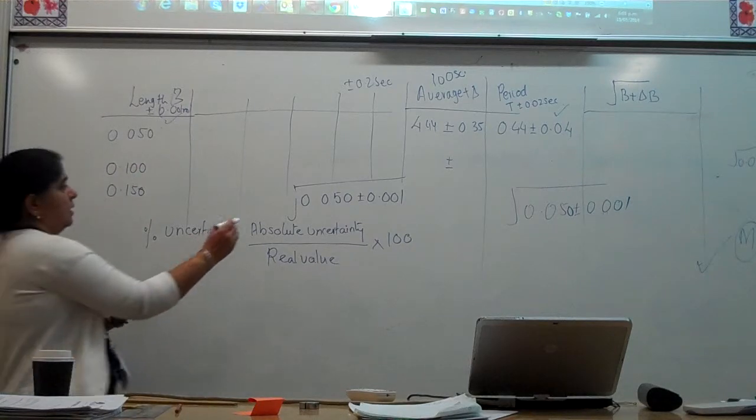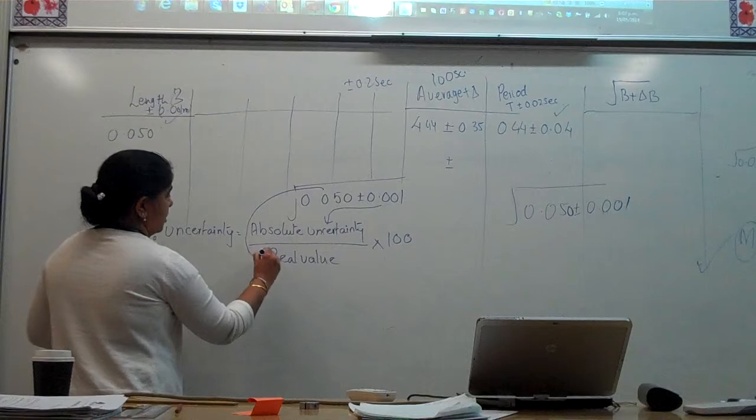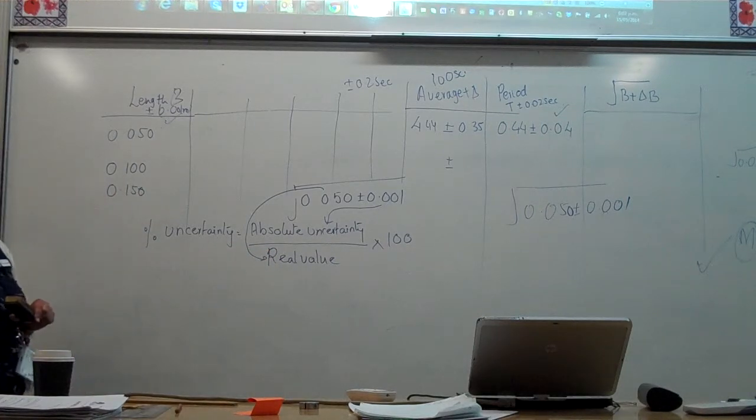Okay, this is your absolute uncertainty, this is your real value. So you first work out the percentage uncertainty.